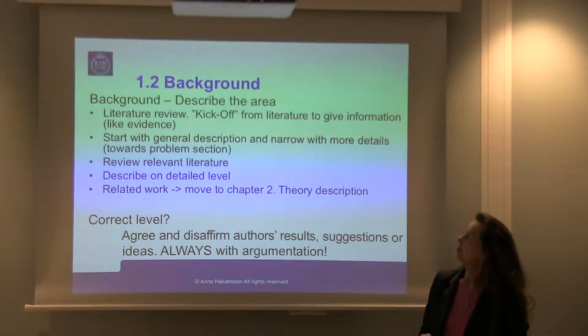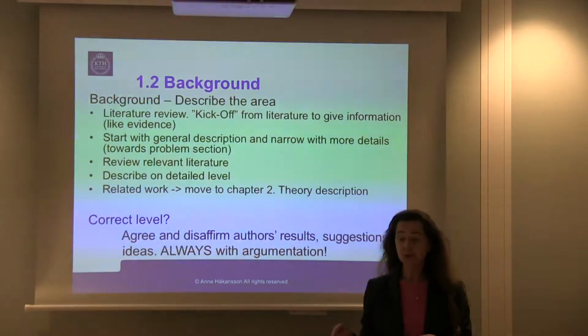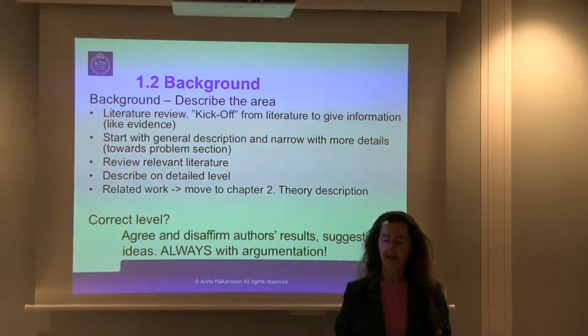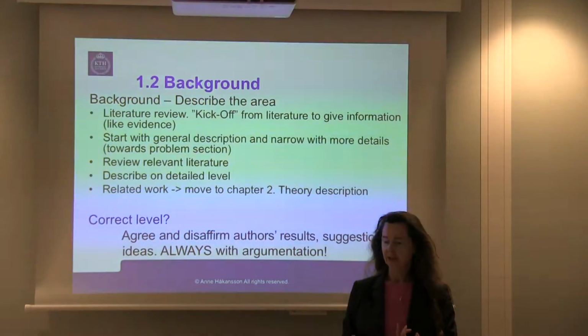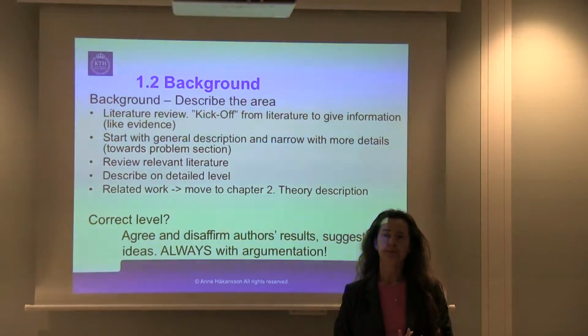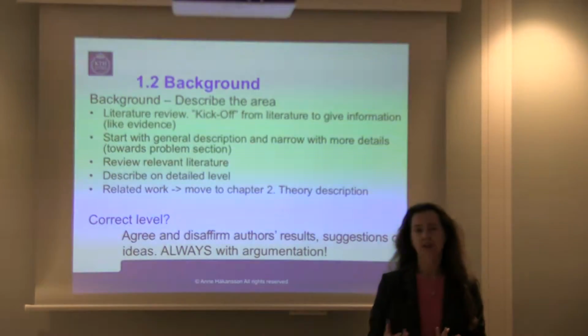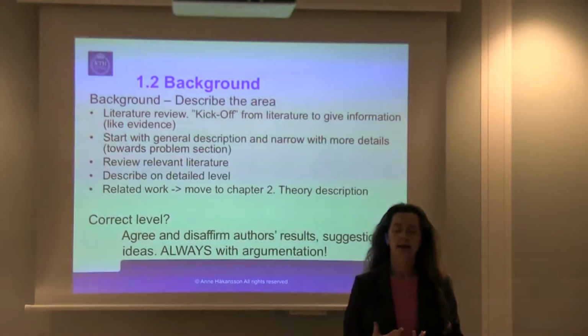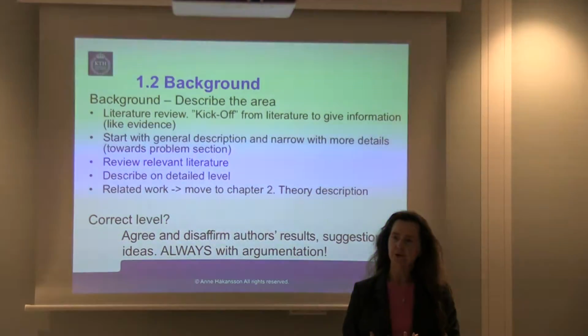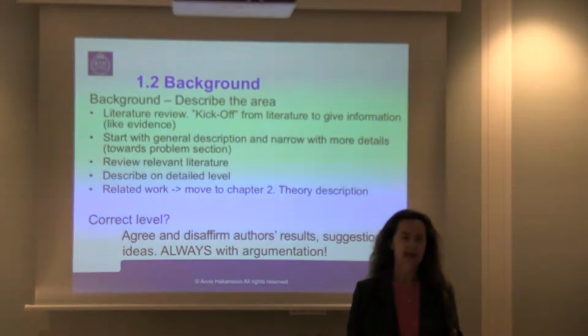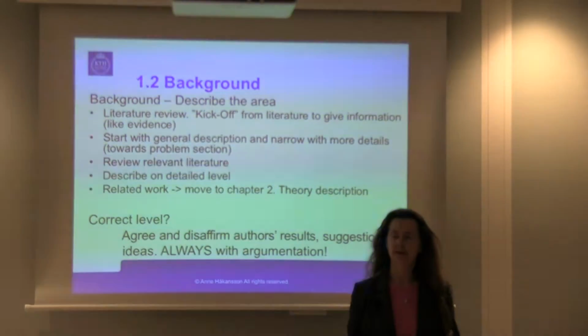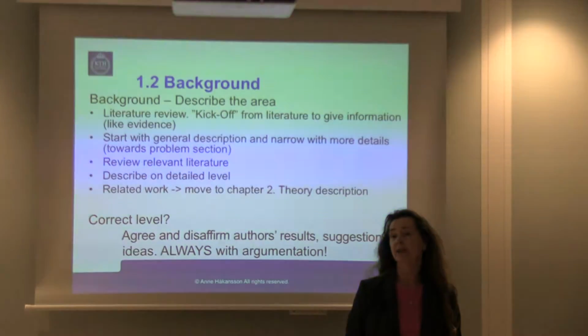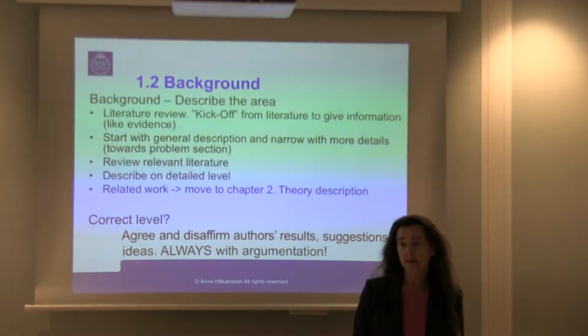Then you come to the background where you describe the area which you are in. And you have, of course, a literature review that is a kickoff for your area, and tell what's in it that you want to show. And even though you might sometimes feel that, okay, everybody should know this, this is general information, I shouldn't even have to describe it.